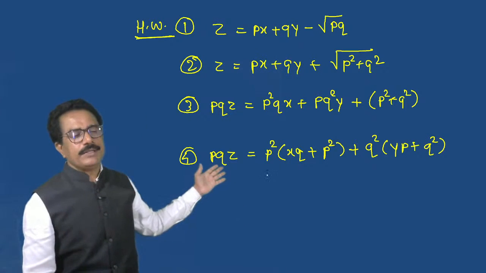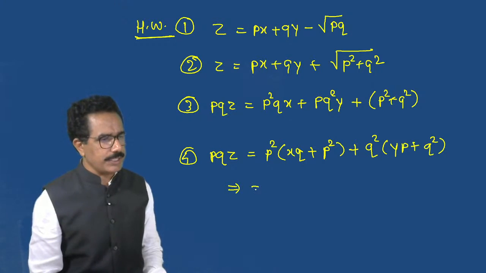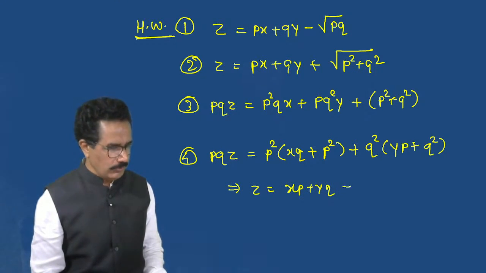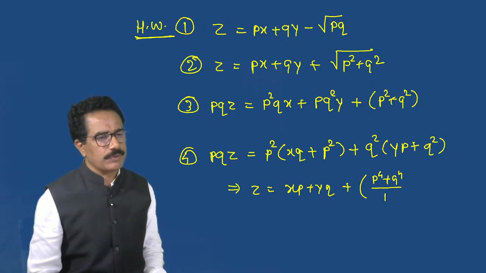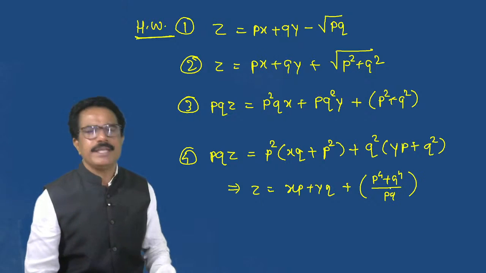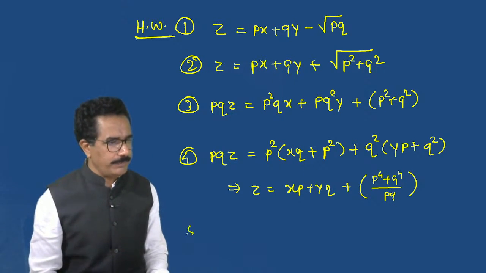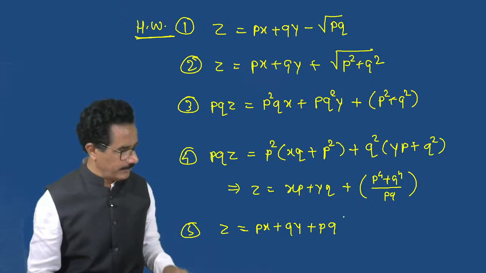Again you have to divide by this z. So it will be z equals xp plus yq plus p raised to 4 plus q raised to 4 divided by pq. In this way we will get the solution. Next, fifth, z equals px plus qy plus pq.